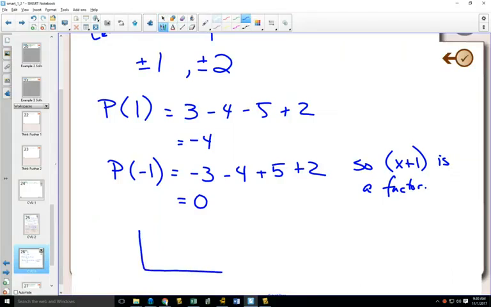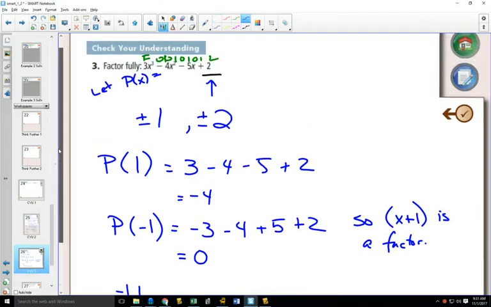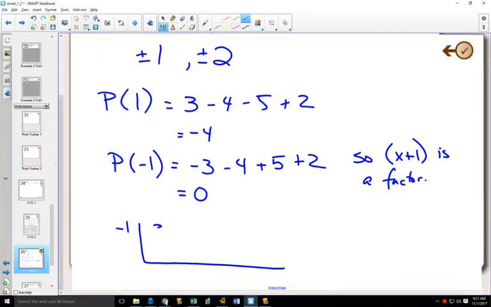We're going to set up our synthetic division, and we'd put a minus 1 out here. Our polynomial was in order already, nothing missing: 3, negative 4, negative 5, 2. Bring down the 3. Multiply and add. Multiply and add. Sure enough, we get a remainder of 0 again.